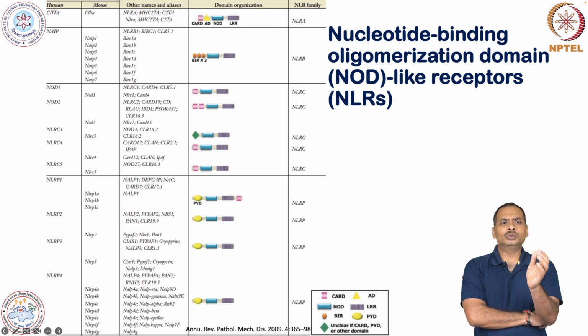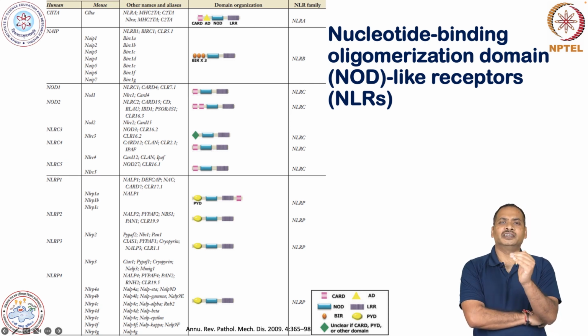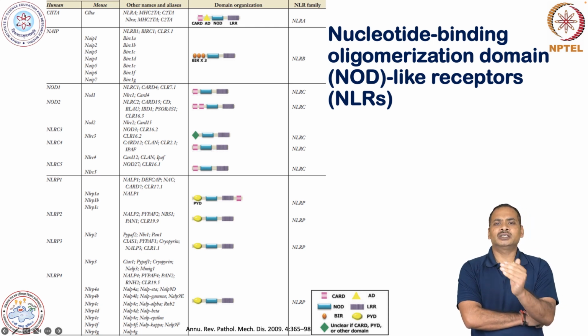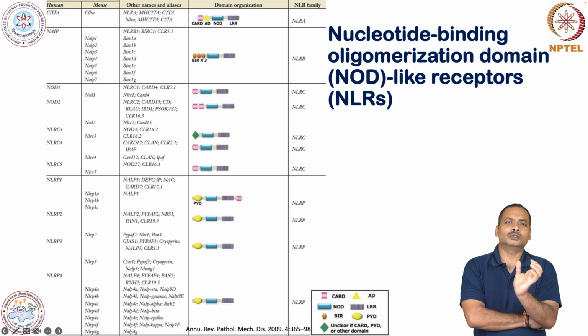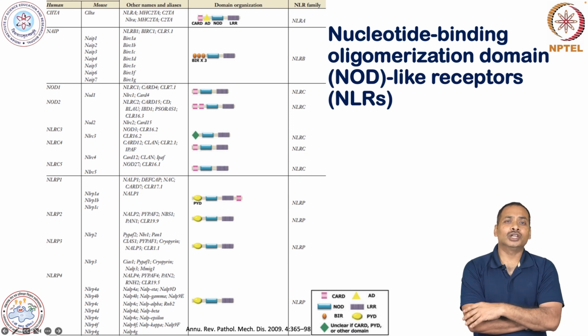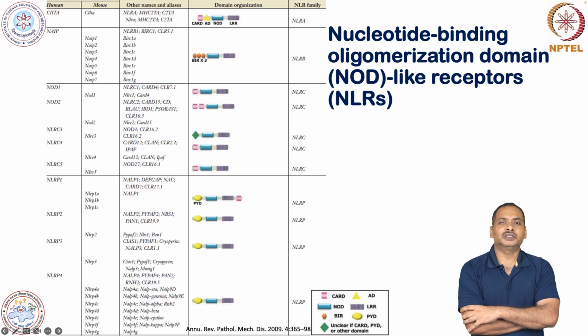So the class 2 transactivator protein has a CARD domain, an activation domain and a NOD domain. NOD is basically nucleotide binding oligomerization domain. So basically it binds with nucleotide and that induces oligomerization. And there is a leucine rich repeat.